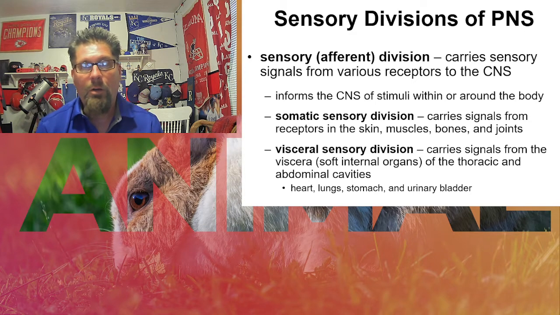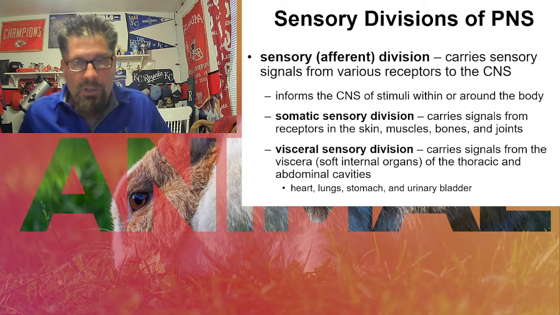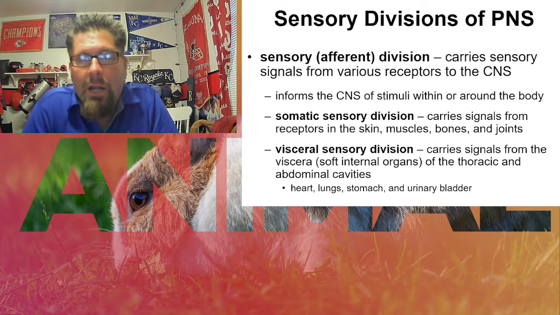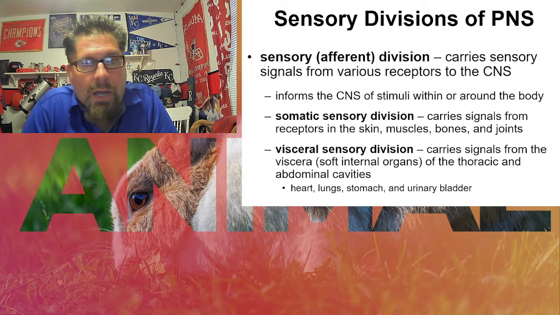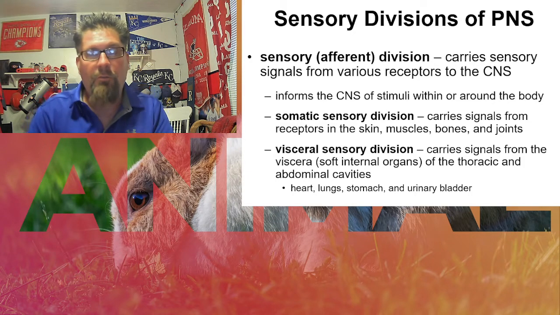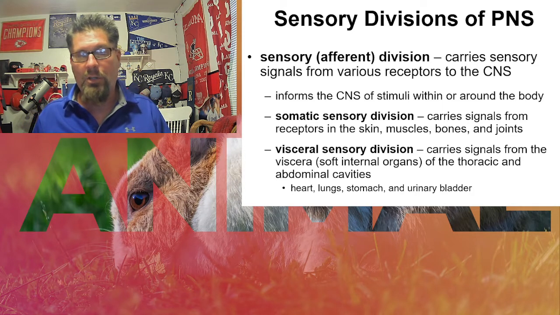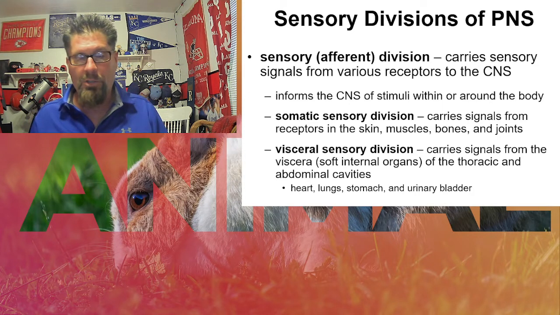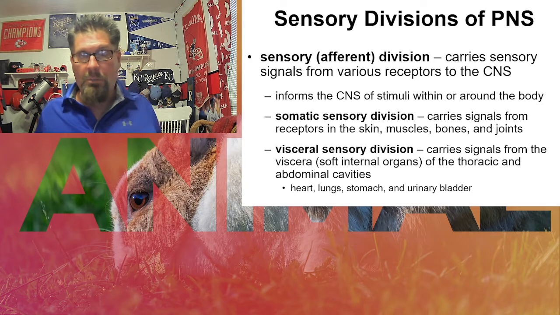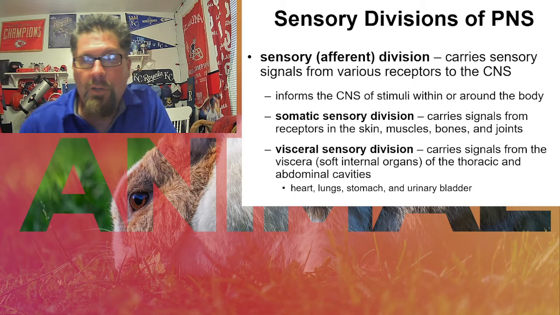You know, your leg gets kicked, so it sends a signal from the somatic to the brain in that pathway. Now, if an organ is involved, then it's called the visceral sensory division. So the organ sends out a signal to the brain in the visceral category.